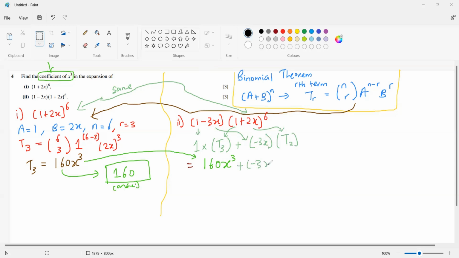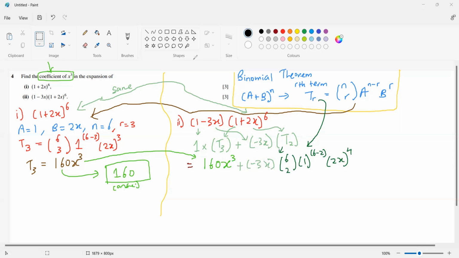So this is negative 3x. And then at this point here, the T2, we just repeat using the formula. The n is 6, same n also, so I'm not going to rewrite it: 6 choose 2. The a is 1 to the power of 6 minus 2, and the b is 2x to the power of 4, right?